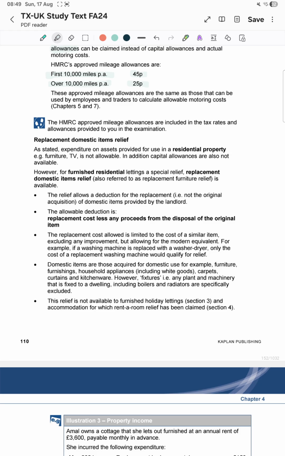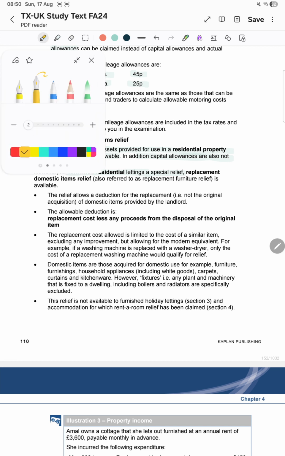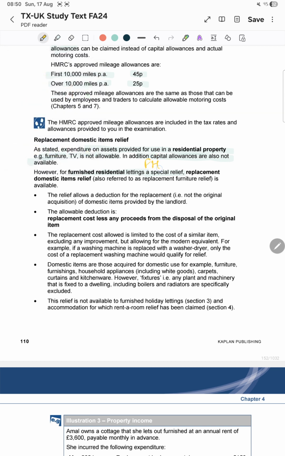So, as stated, expenditure on assets provided for use in residential property, for example furniture, TV, is not allowed. In addition, capital allowances are also not available. However, for furnished residential lettings as a special relief, replacement of domestic items relief is available.